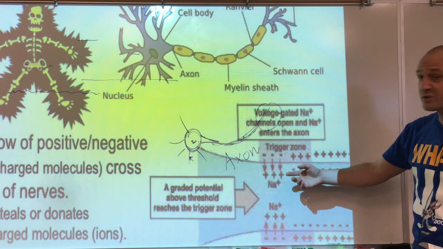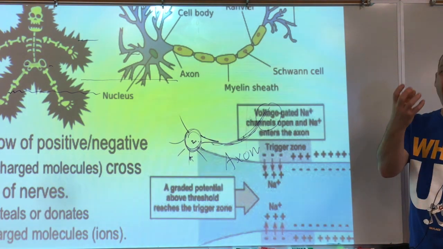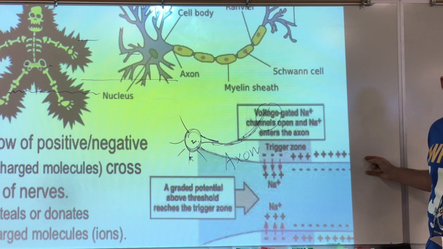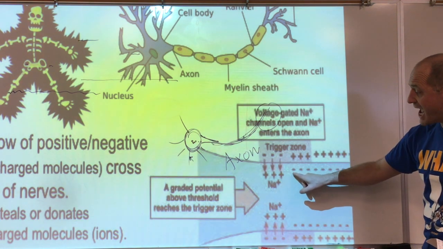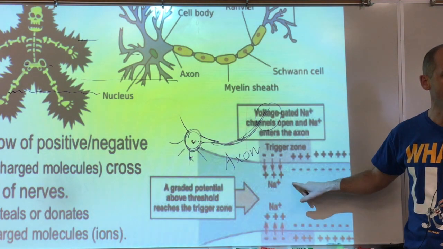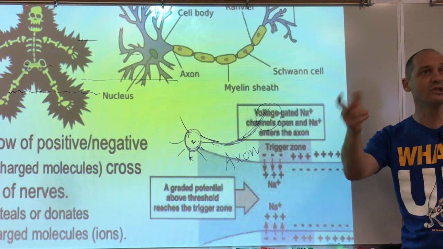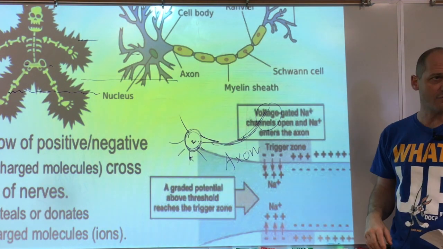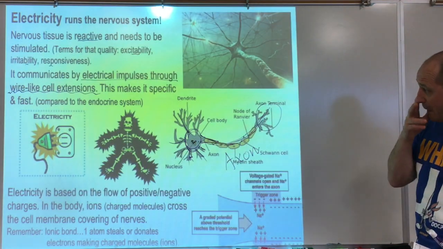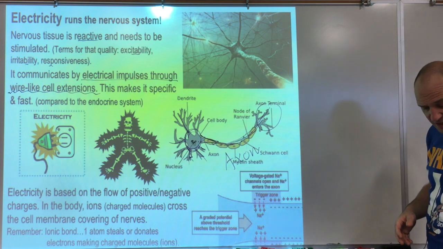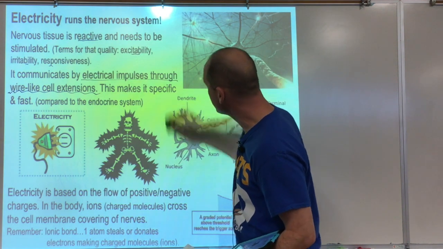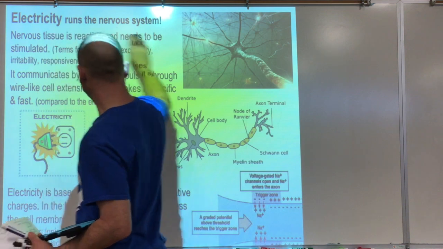They're charged molecules, either positive or negative. Movement of that charge is the electricity. So changing the inside from positive to negative, moving ions around that bring negative to the inside of this cell, that makes the electricity. That change in charge from positive to negative is electricity. And that's how the body sends messages through our nervous system: this exchange of charges.